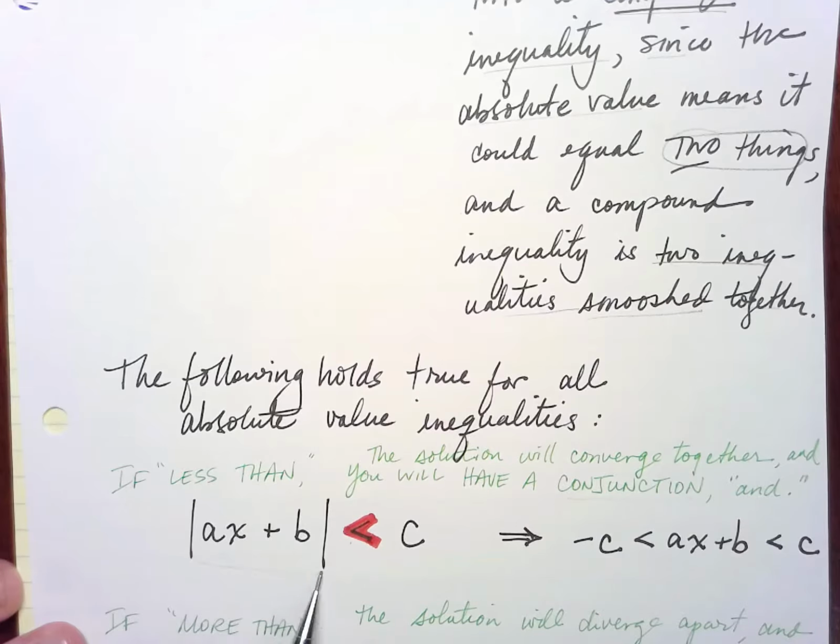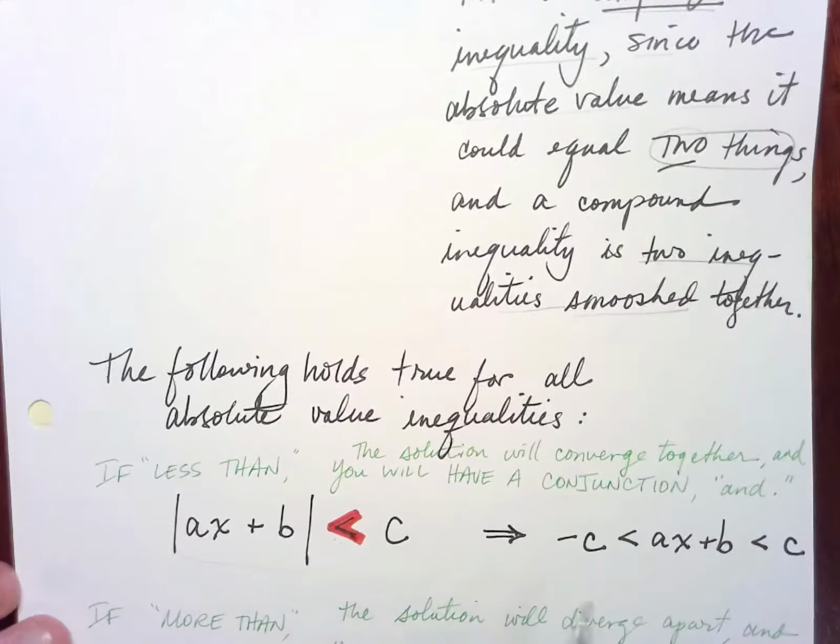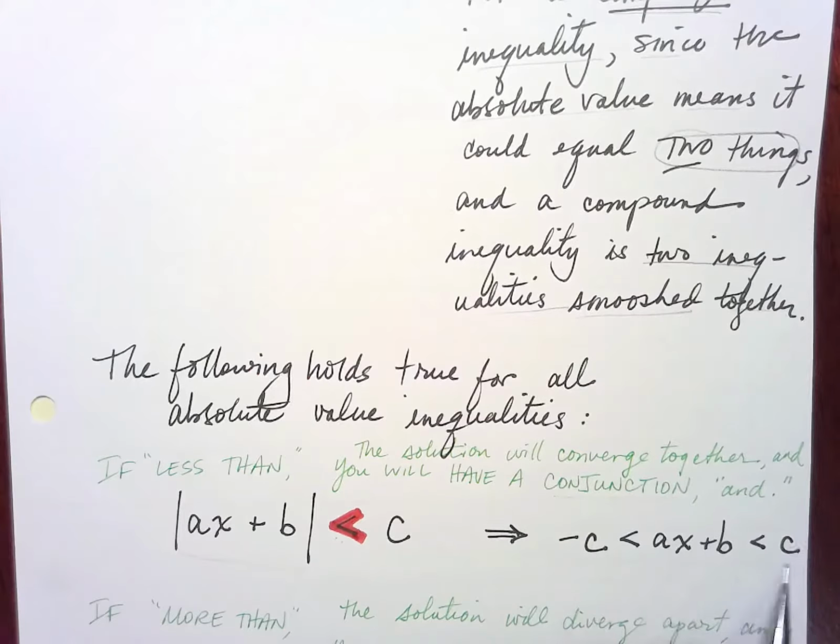So if this absolute value is less than something, you can write it as a conjunction like this, an and statement, a compound statement like this.